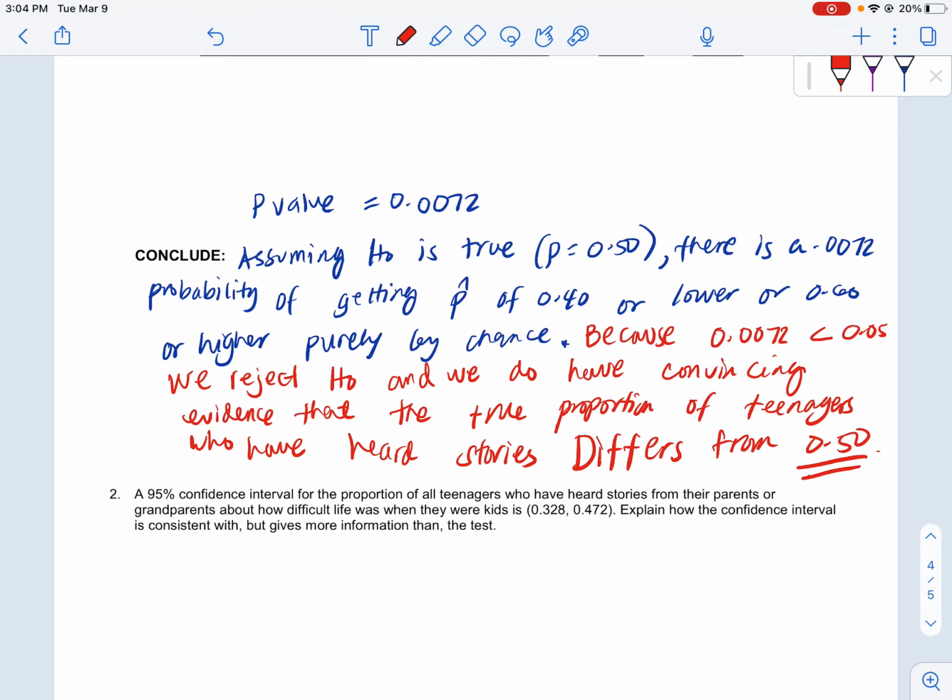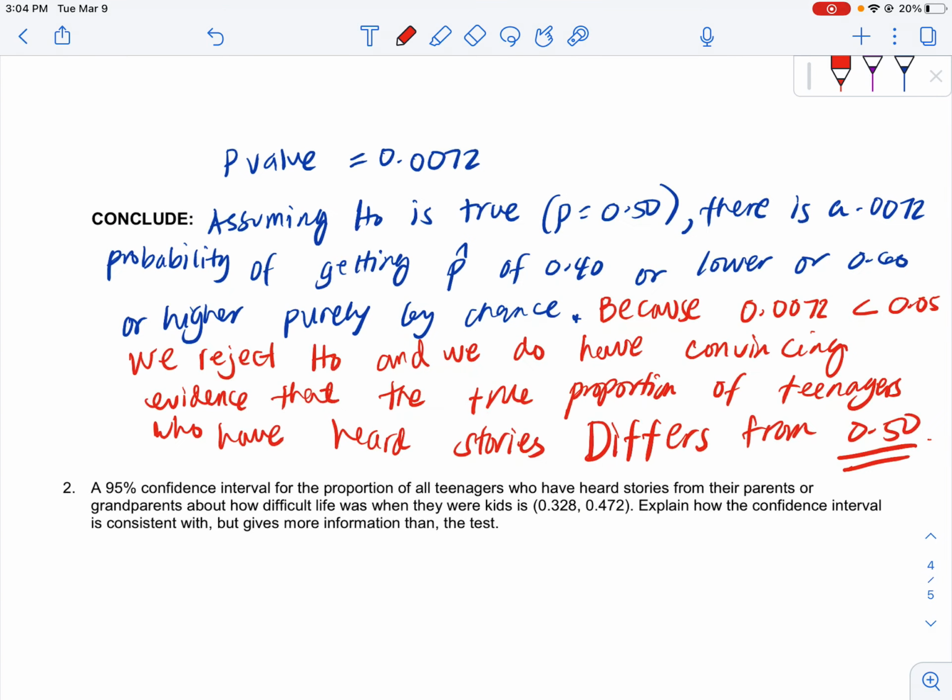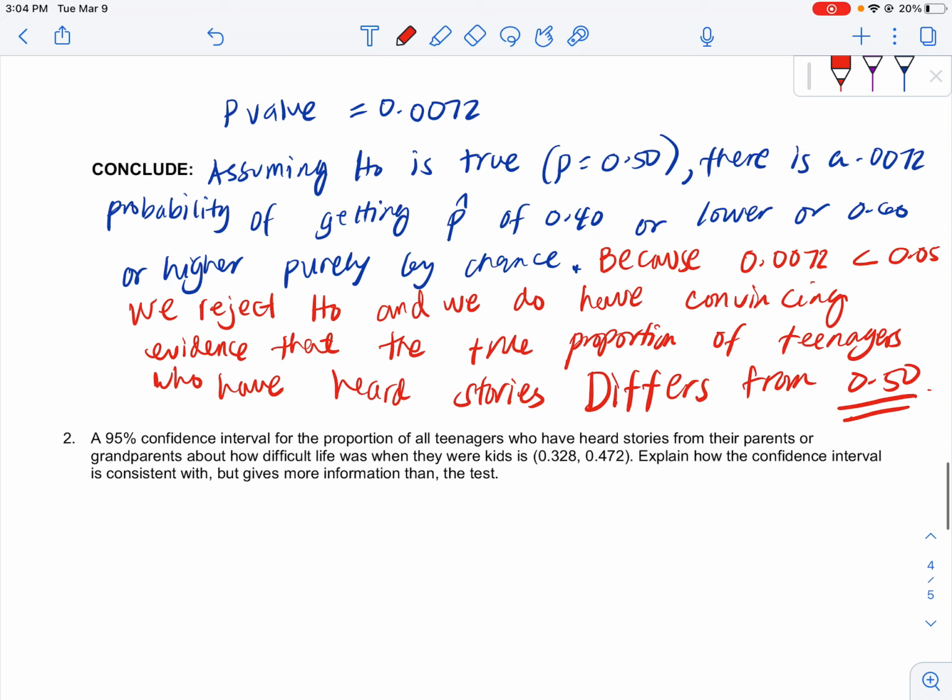Okay. A 95% confidence interval related to chapter 8 for the proportion of all teenagers who have heard stories from their parents or grandparents about how difficult life was when they were kids is between 0.32 and 0.47. Explain how the confidence interval is consistent with but gives us more information than the test.